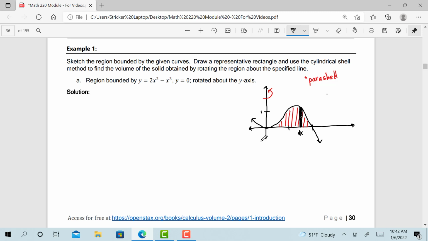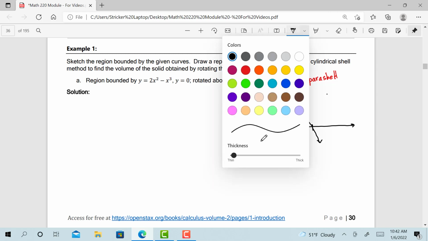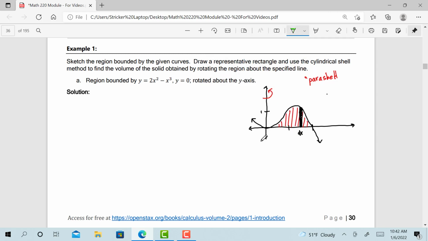And if we rotate that, as stated, what shape are we going to get? We're going to get something that looks kind of like this.